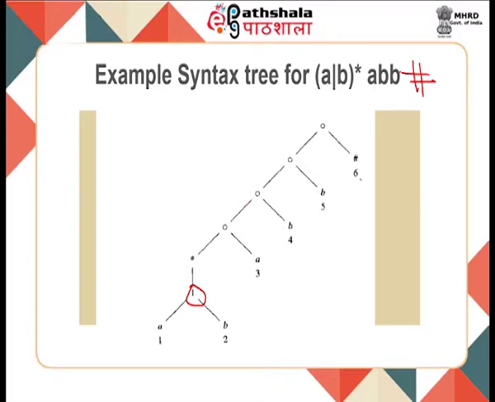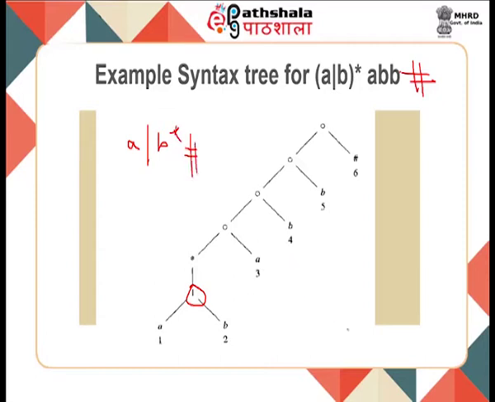As you can see, the interior nodes are the operators, and the leaf nodes typically are going to be your terminals. Supposing I have an expression something like a or b star, how is this going to look? I am going to have a hash after this.